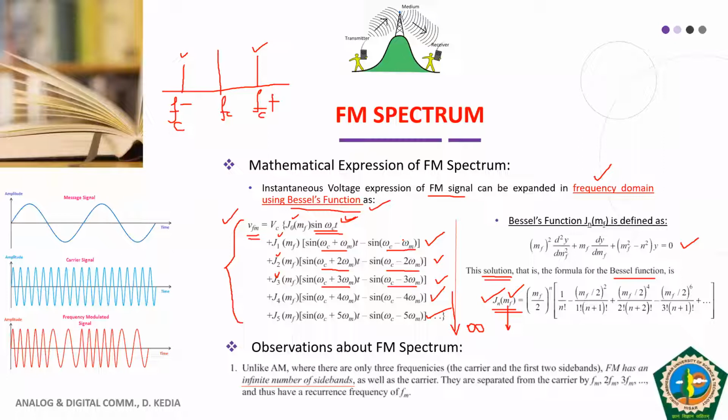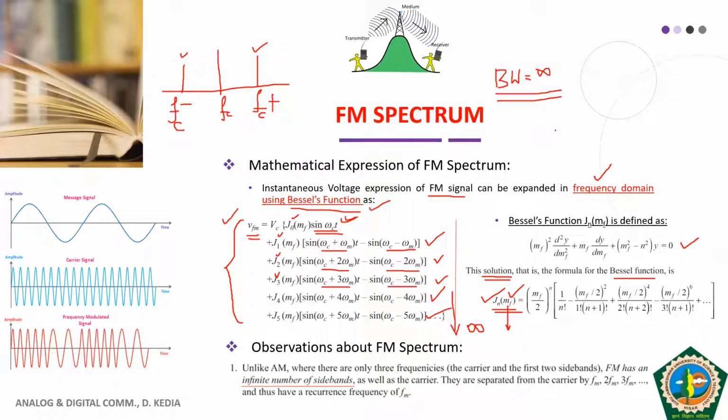Obviously, if we have infinite sidebands, how much bandwidth do we need to correctly transmit an FM signal? The bandwidth required will be infinite. So theoretically, infinite bandwidth is required to accommodate a frequency modulated signal.